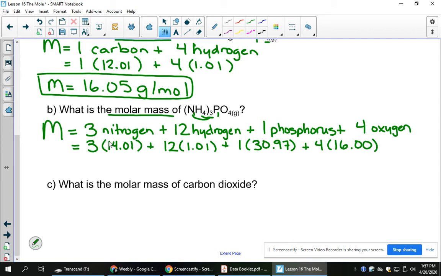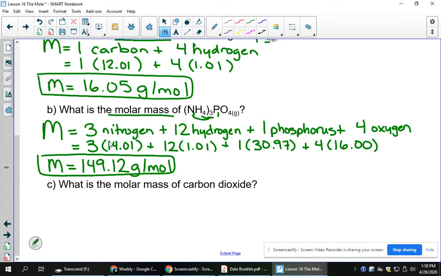So this one takes a little bit to enter it in your calculator, but stick with it. Check your screen to make sure you didn't make any little errors on your calculator. And you'll get the molar mass of ammonium phosphate to be 149.12 grams per mole. If I get 1 mole of ammonium phosphate, that's exactly how much it's going to weigh. That's what it's telling you.